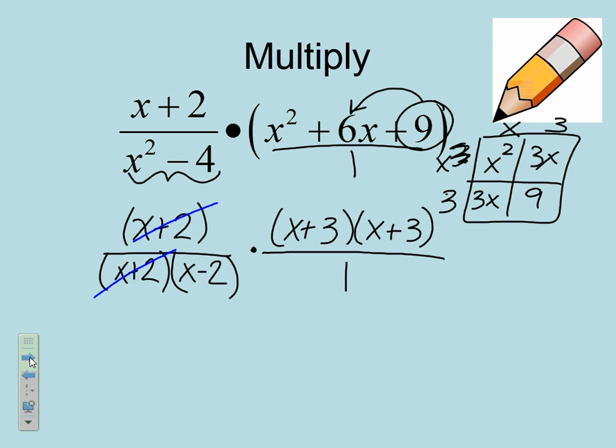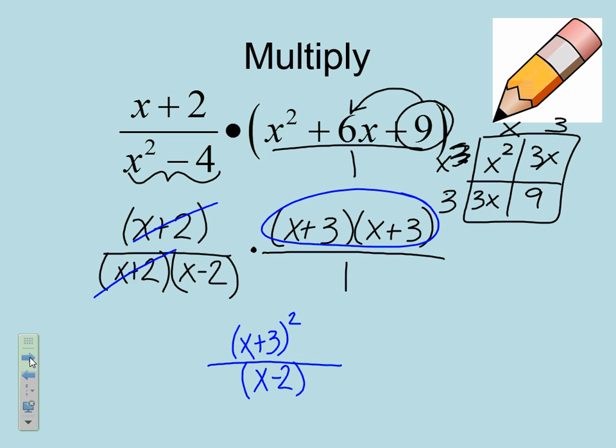Well, if I was going to take this another step further, we'd have 2 of these in the numerator. So x plus 3 squared, because there'd be 2 of them. And then in the bottom, the denominator here, we'd have an x minus 2 times a 1, so you can put that 1 in front, or it just stays x minus 2 when you actually multiply it. So this is how I would leave my final answer.